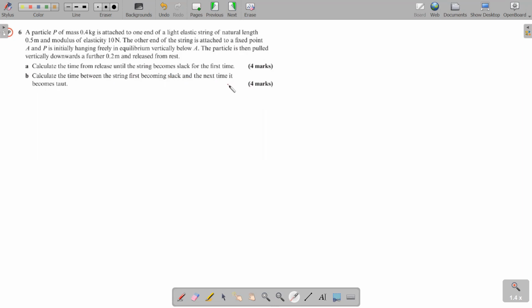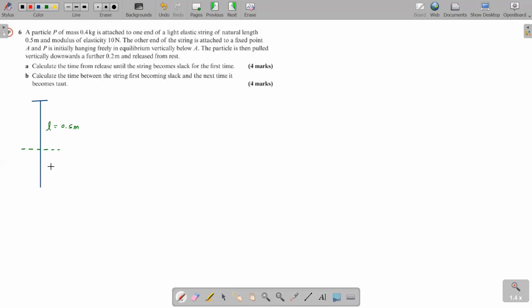Okay, so there's a lot to do here. What's the first thing to do here? First, let's draw the object in the equilibrium position. At the equilibrium position, first, you have to mark the natural length, which is 0.5 meters, right?